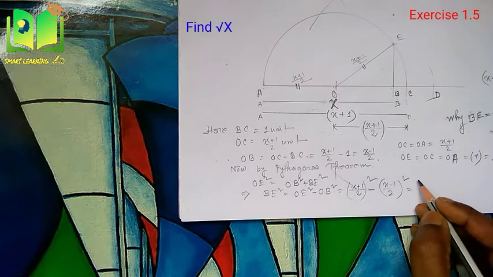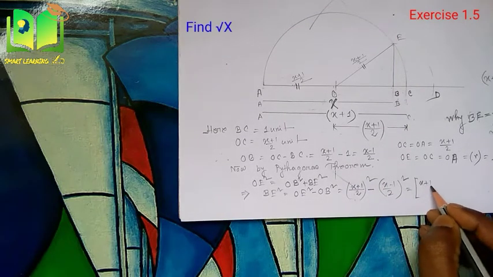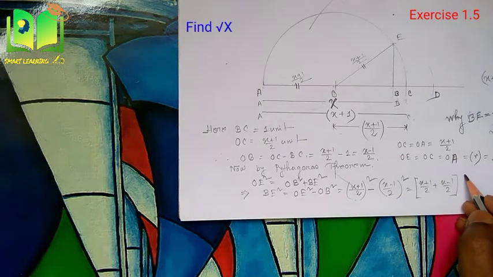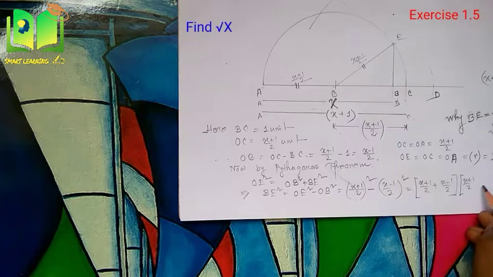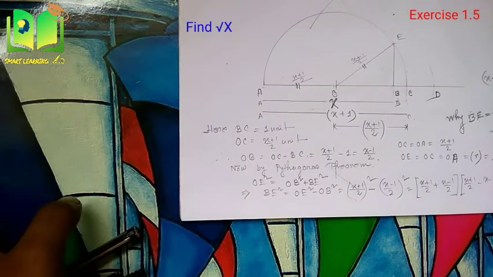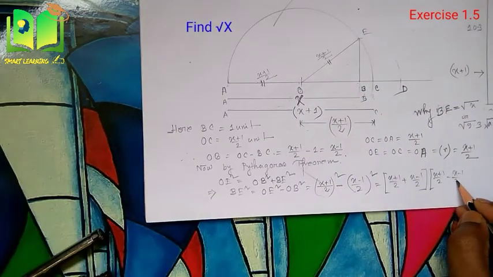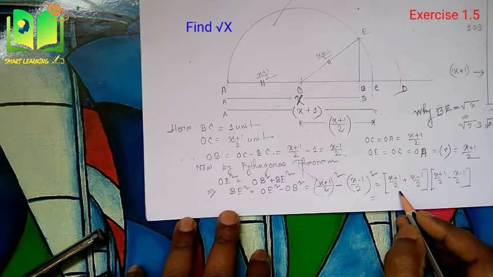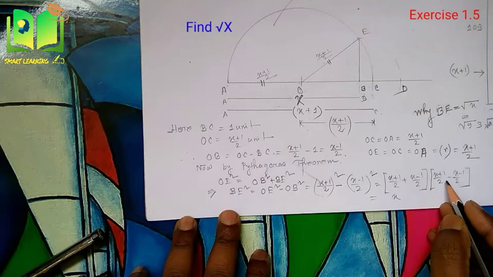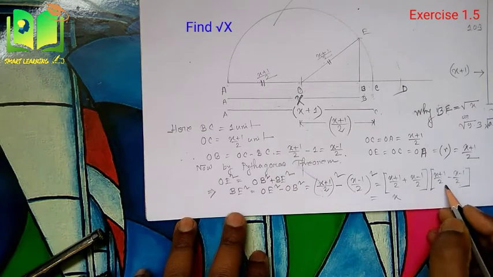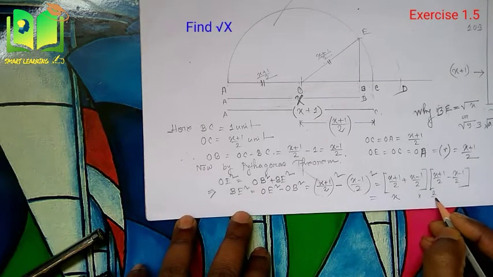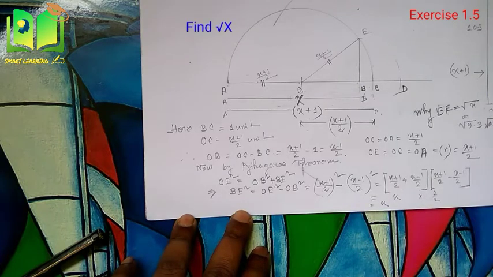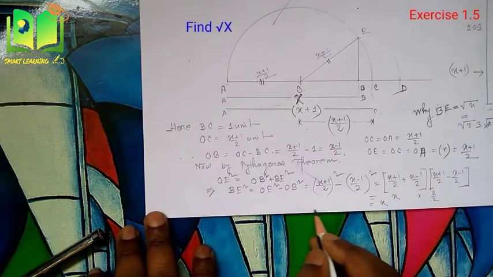So A square minus B square, so definitely A plus B and A minus B. After calculation you will get here x, and here 2 by 2 equals x.